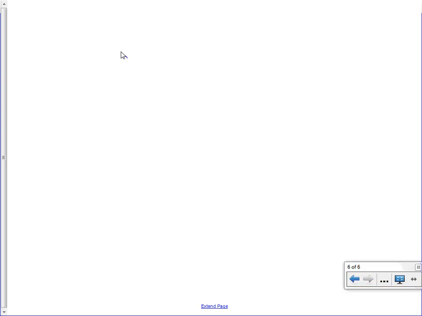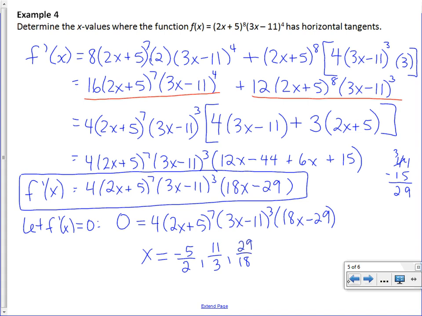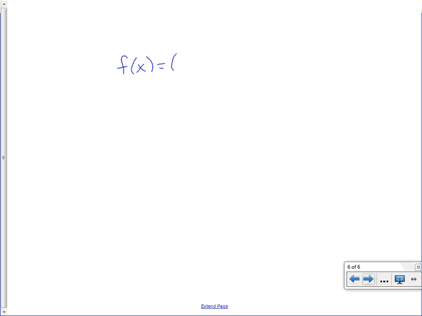If this had been 2x plus 5 to the 8 over 3x minus 11 to the 4, it would look like that. Can we still proceed like we did? Well, the only problem is that's not a product.